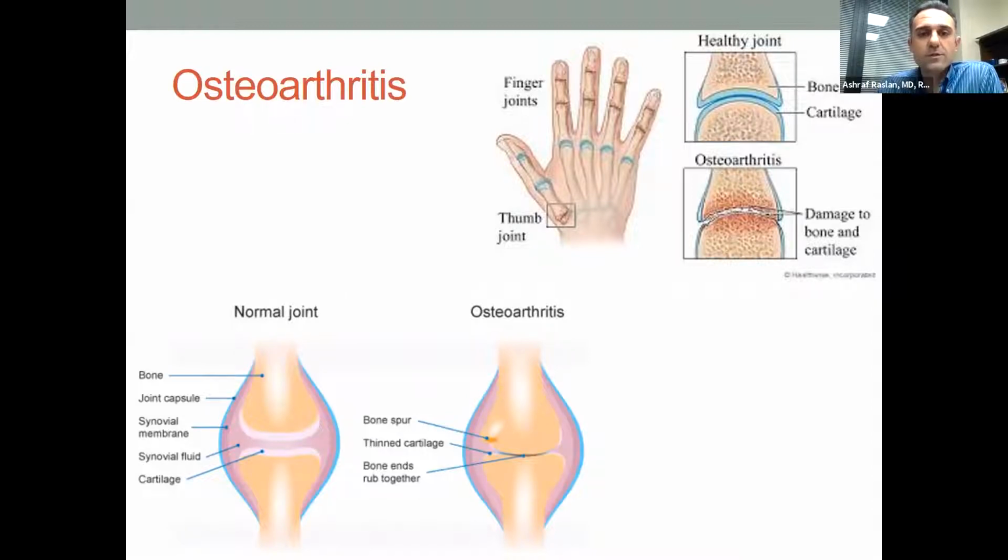We call osteoarthritis wear and tear, but it's more complex than that. It has different mechanisms involved, including genetics, lifestyle and injuries. But in general, if you look at the normal joint, you have the two bones forming the joint.